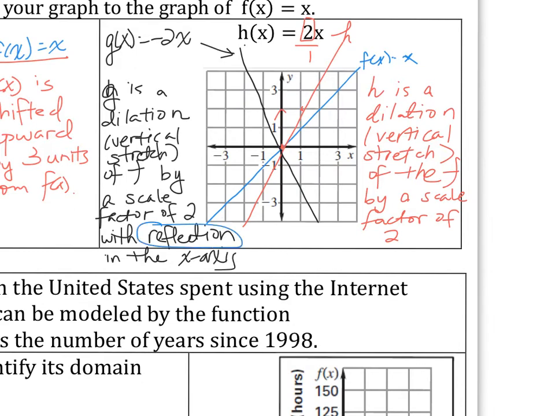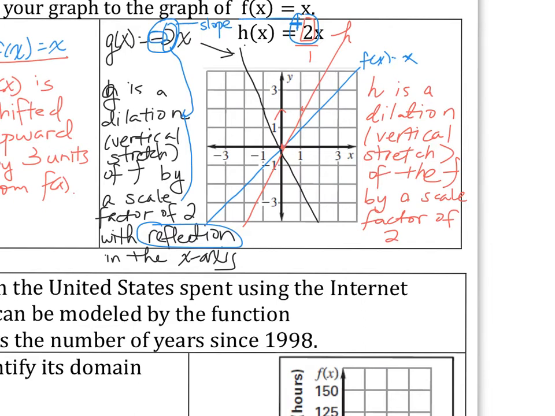Again, this reflection just means the negative sign. The scale factor refers to how dilated the graph is. And when it's positive, again, this positive 2 together tells you what the slope is. Negative 2 together tells you what the slope of the graph is.